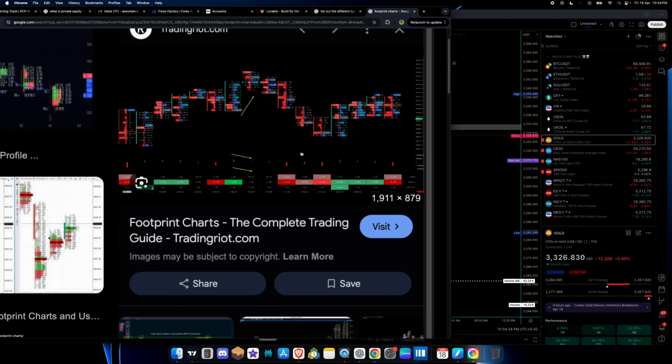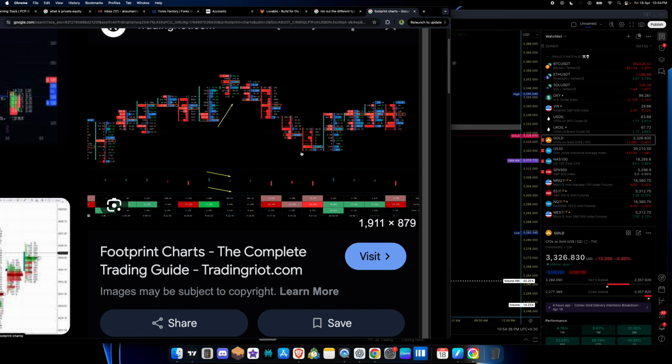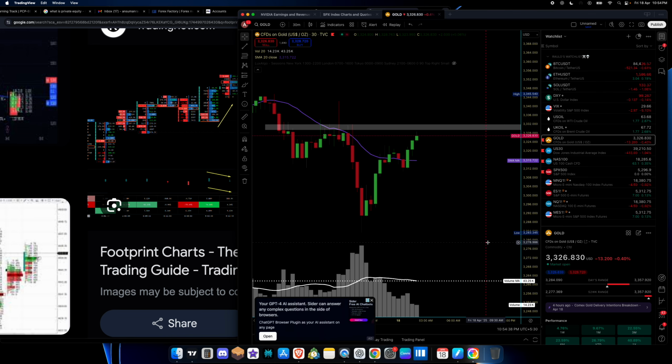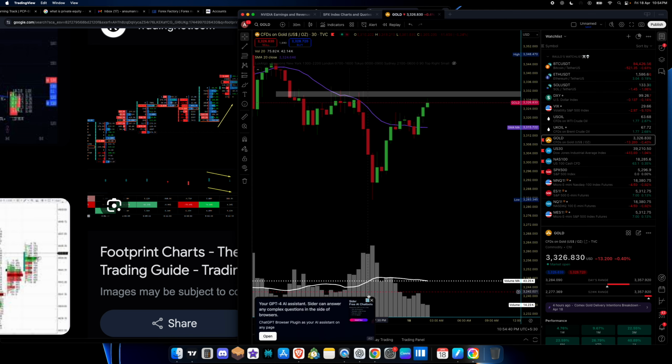Below here, as you can see in the CFD chart, it's just tick volume. It doesn't actually show the exact amount of transactions.